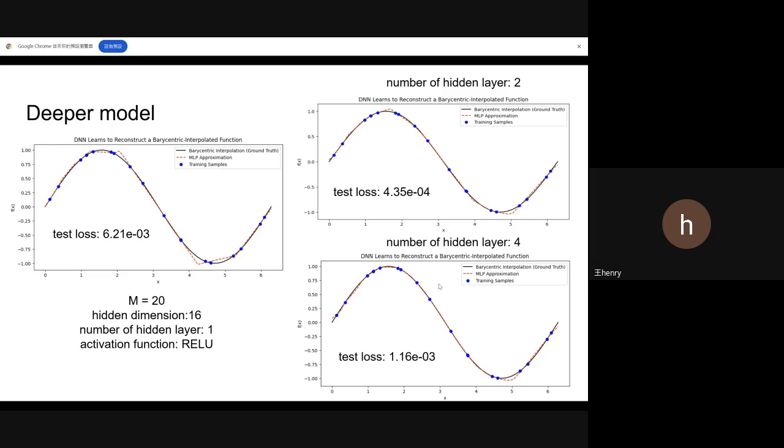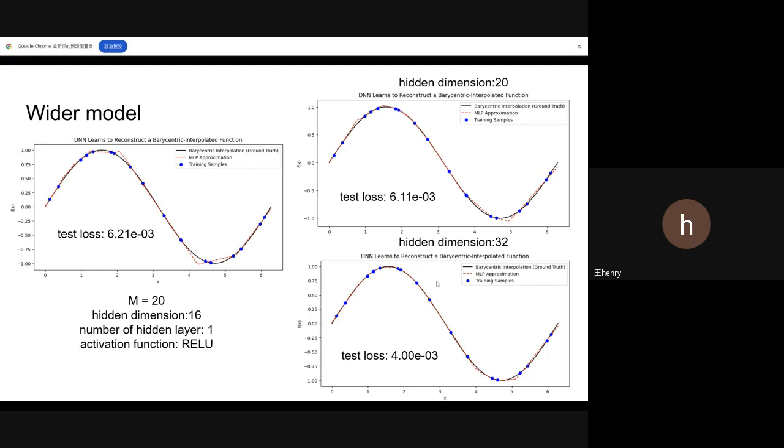While increasing the number of hidden layers can increase the ability of the model to learn new features, it might also increase the complexity of the model. So the model tends to fit on features from noises. So this is the case of increasing the model's depth.